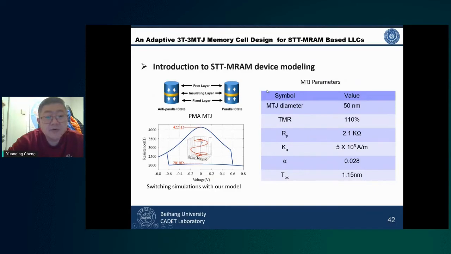Except for the code patterning to reduce the write energy, we also propose an adaptive 3T3MTJ memory cell design. In this case, we also focus on the perpendicular MTJ device. These are the MTJ parameters we use in this research work.